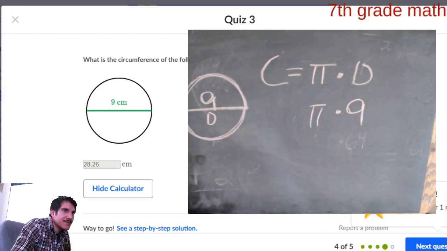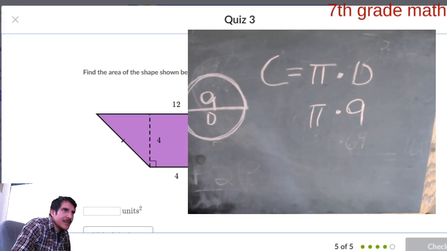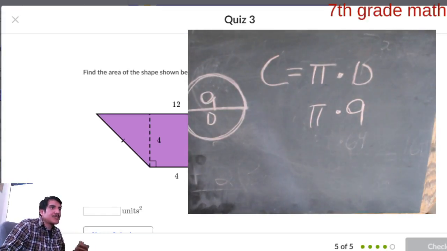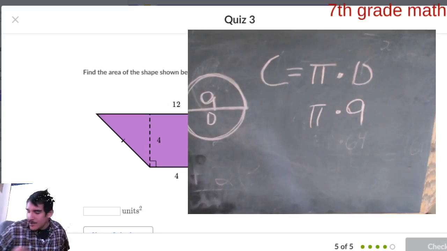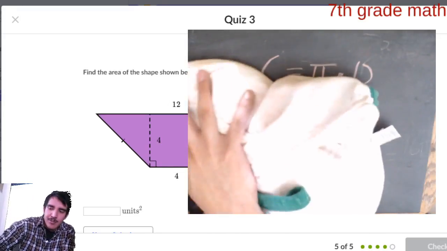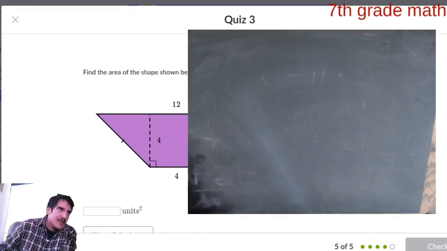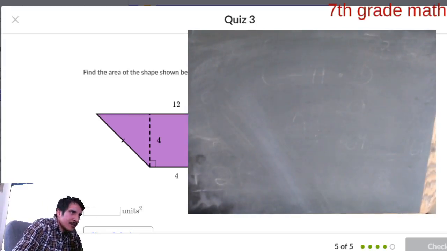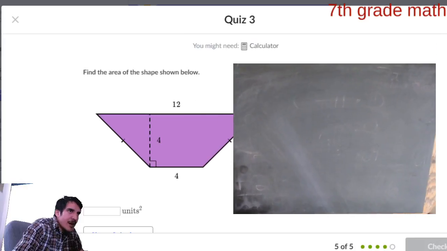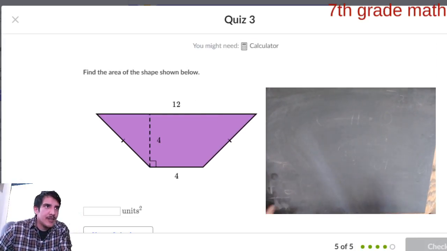Let's move on. Next question. Finally, we have a trapezoid. This is called a trapezoid right here. But a trapezoid is really just... here, let me show you this picture. So a trapezoid, let me redraw this real quick.